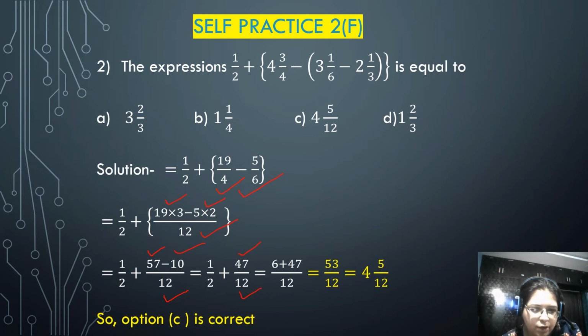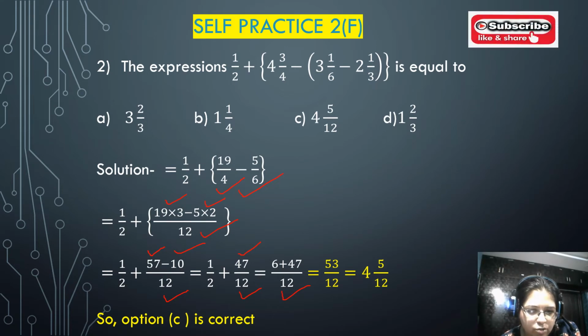Now we get 1 divided by 2 plus 47 divided by 12 equal to, take the LCM of 2 and 12. LCM of 2 and 12 is 12. Divide the LCM 12 with the denominator of this first fraction 1 divided by 2. 12 divided by 2 is 6. 6 multiplied with 1 is 6.